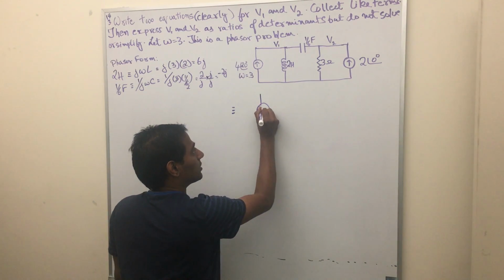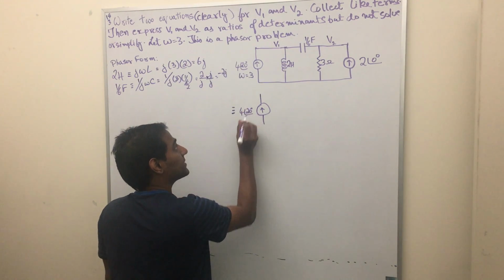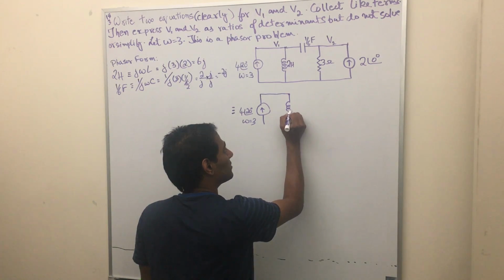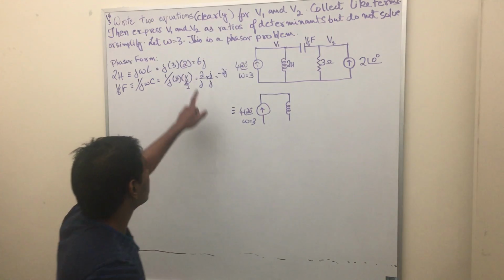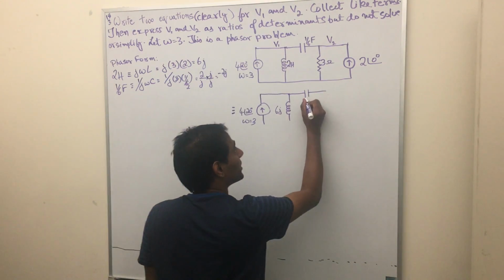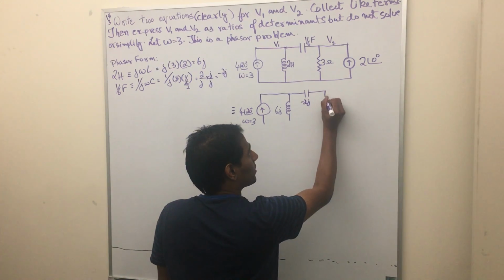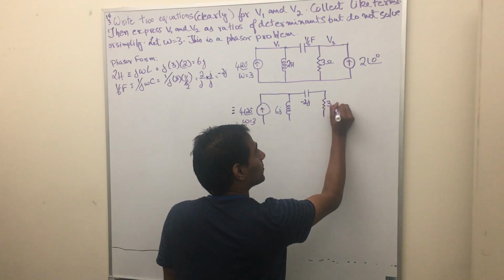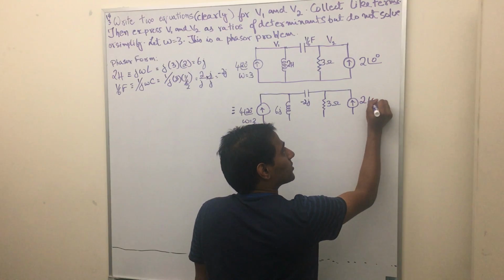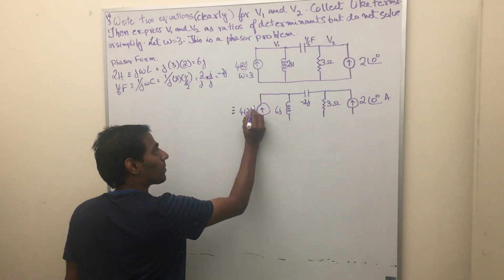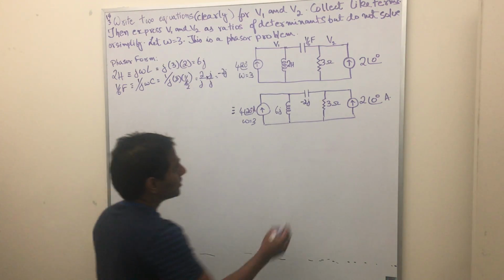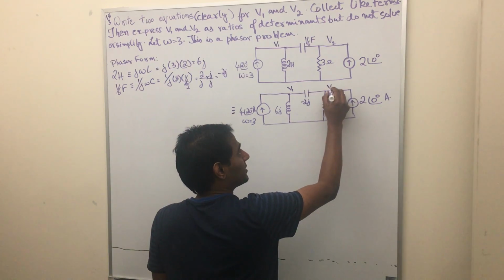You would have a current source 4 at an angle 20 degrees with omega as 3, an inductor, the 2 henry inductor is 6j, a capacitor 1 by 6 farad, that's minus 2j, a 3 ohm resistor, and a current source of 2 at an angle 0 degrees. Let this be V1, let this be V2.